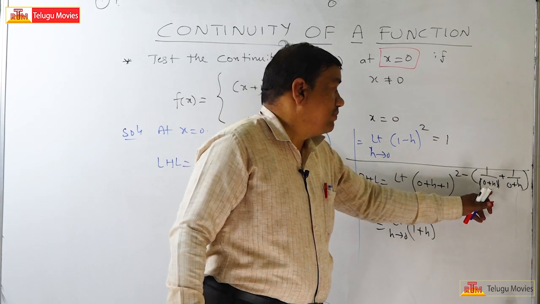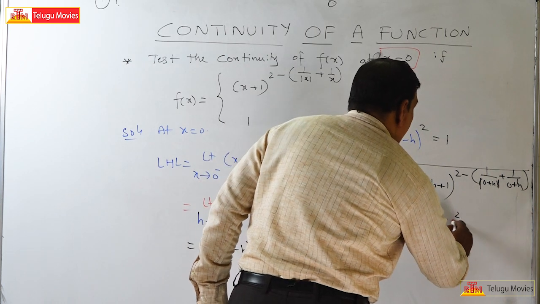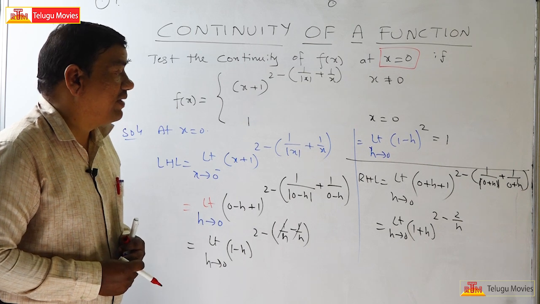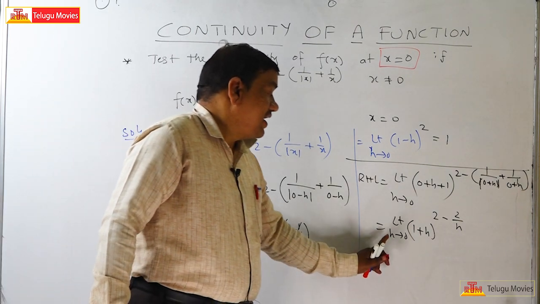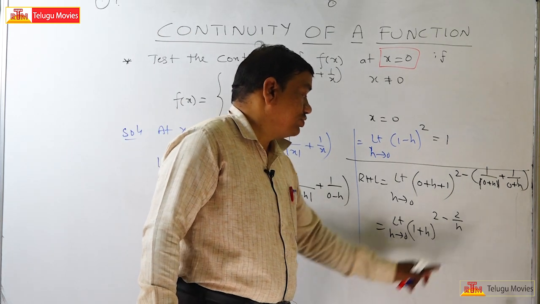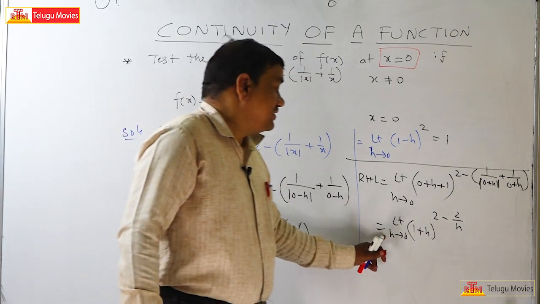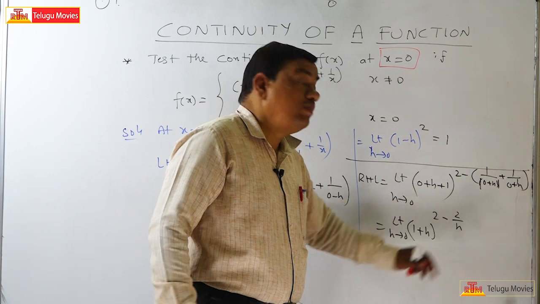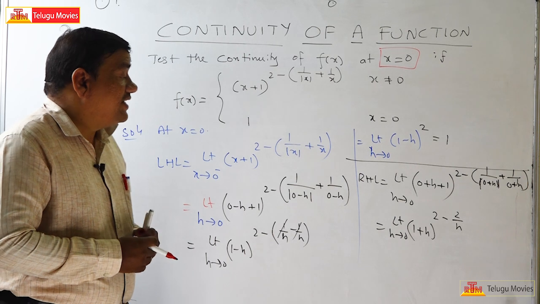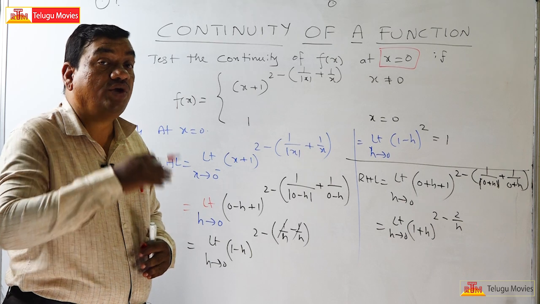So this is 1 by h plus 1 by h, that is 2 by h. Understand this? See here, as h value approaches 0, 2 by h approaches infinity.